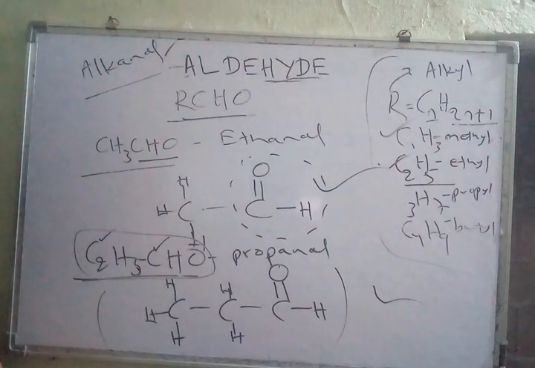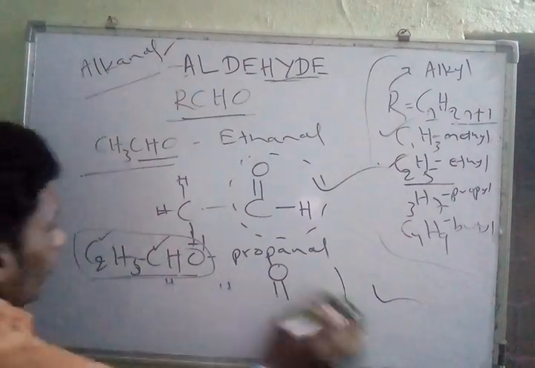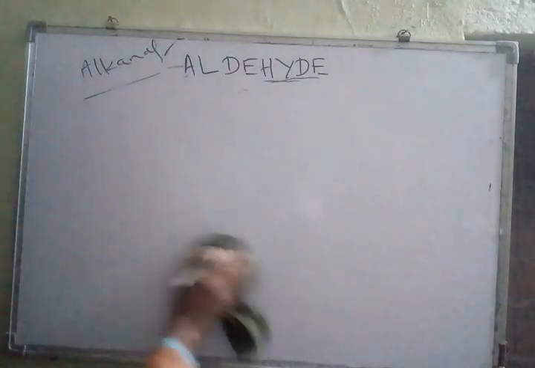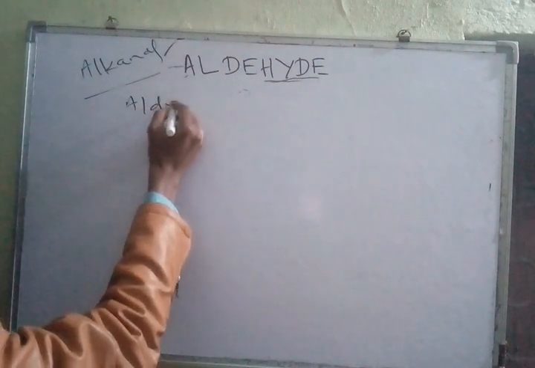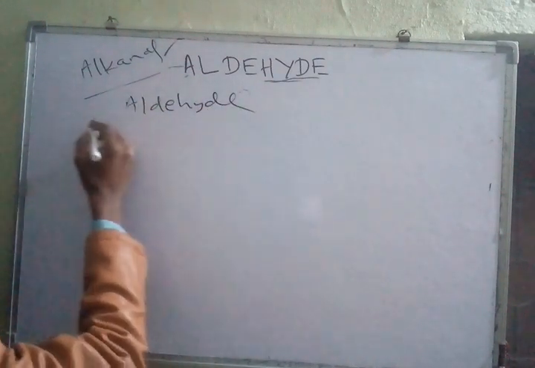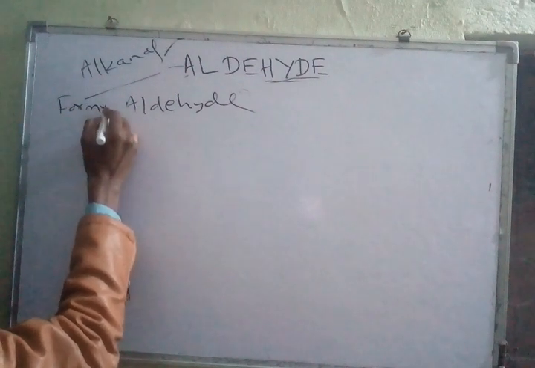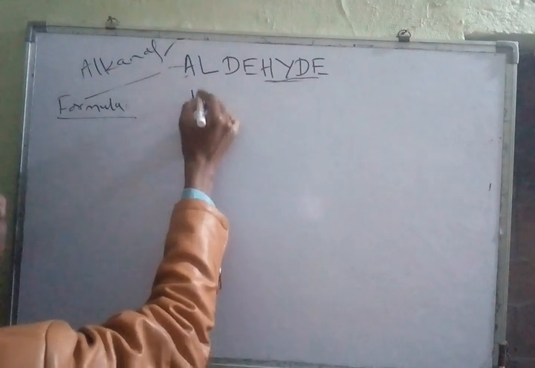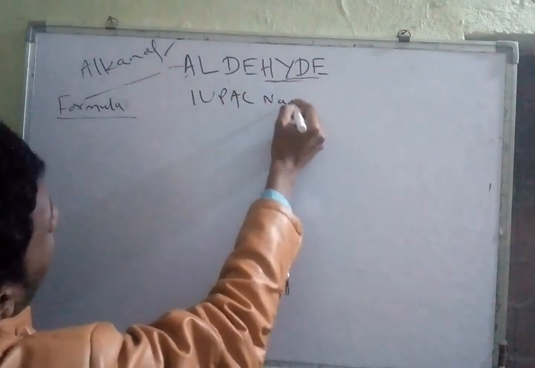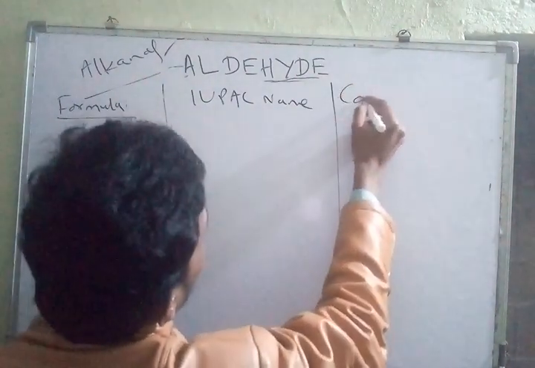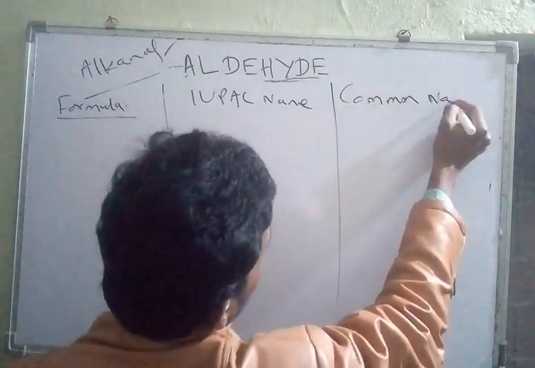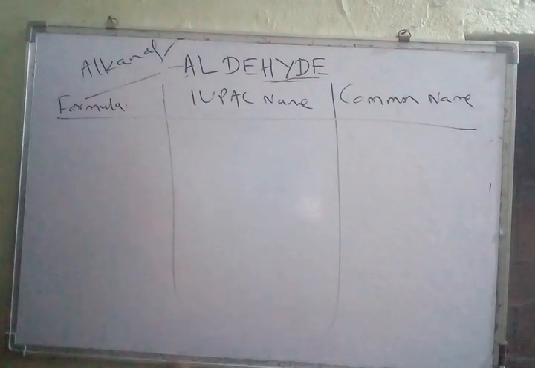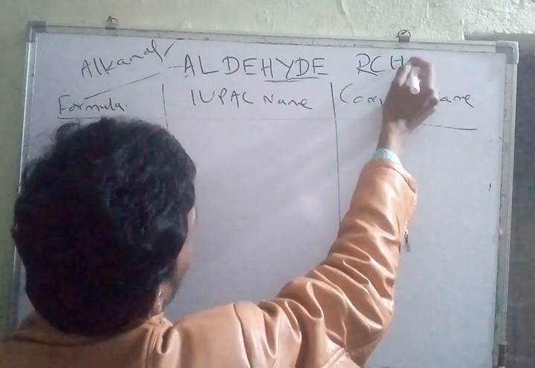Next, come to the common names of the aldehydes. Here we have the formula, the IUPAC name and the common name. Clear? First, the aldehyde is RCHO.